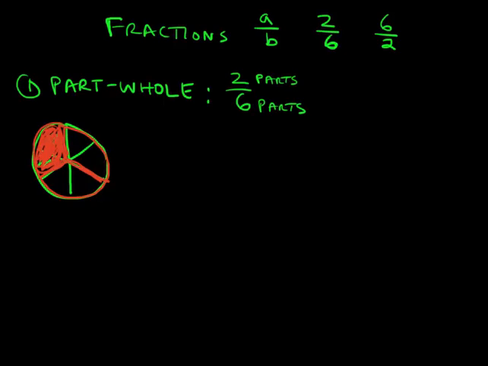If we look at our red, we can say that this is really 1/3, 1 part out of 3 parts. And in fact, we know that 2/6 does equal 1/3. So this is a part whole model. The same thing is being shaded. Okay, so let's take a look at another model.